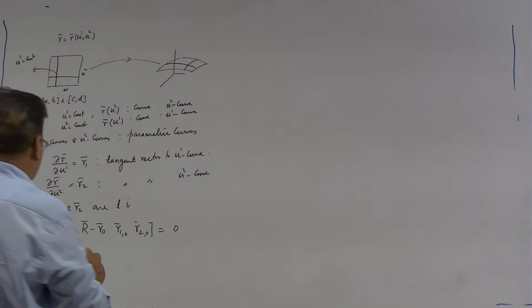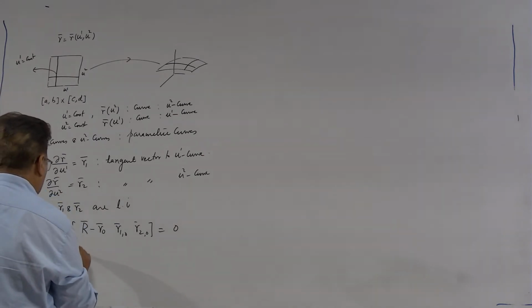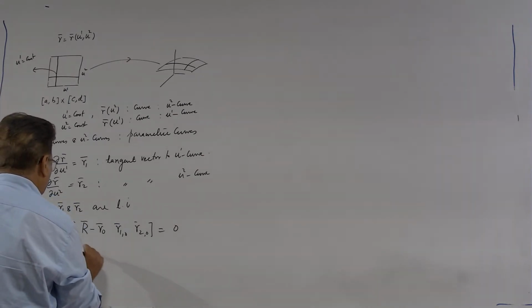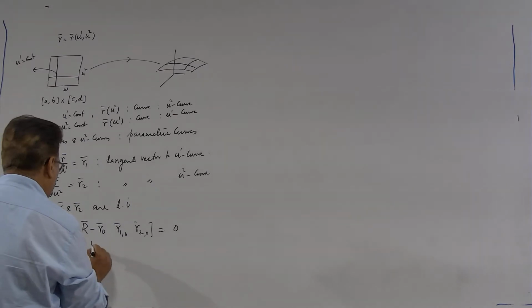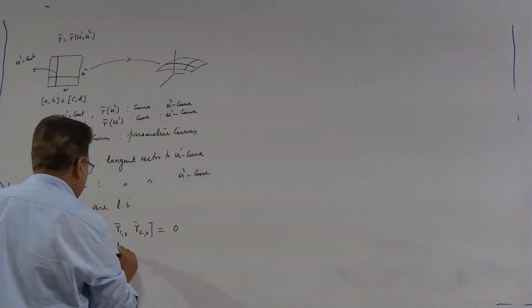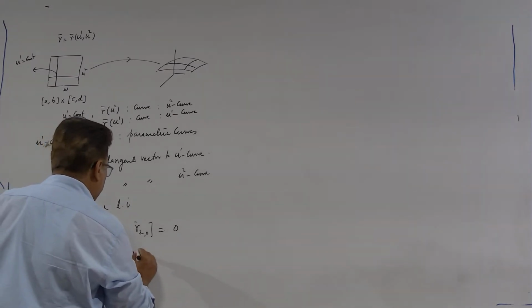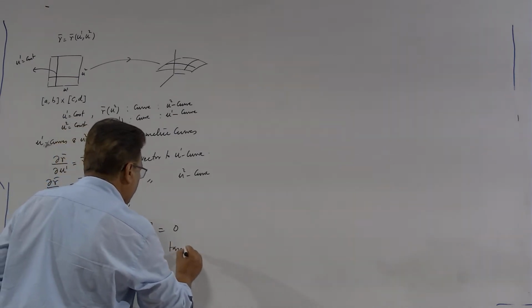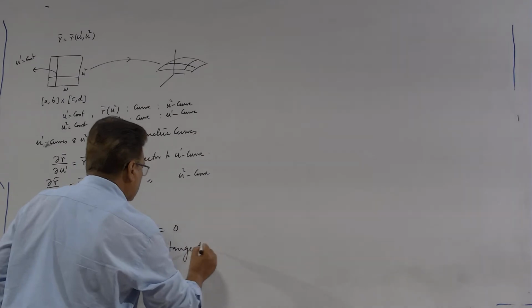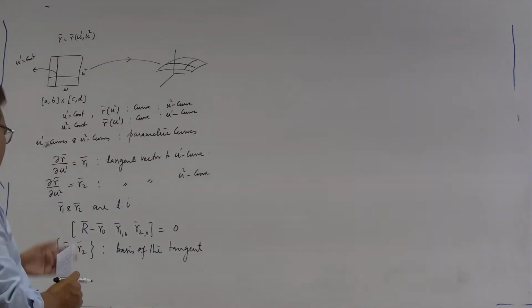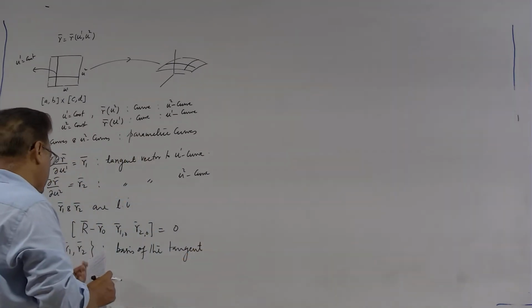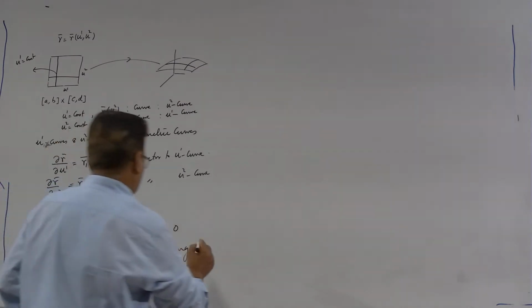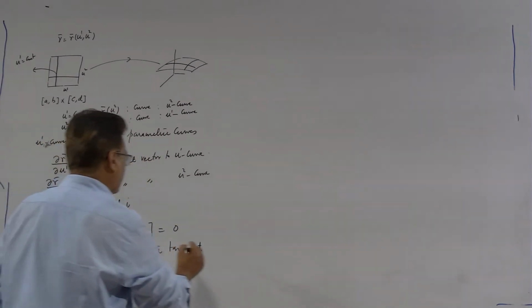So, vector r1 and vector r2 can be considered as a basis of the tangent plane. There may be other basis vectors also, but since they are natural ones, we will consider this as a canonical basis of the tangent plane.